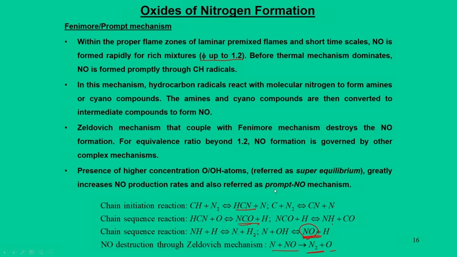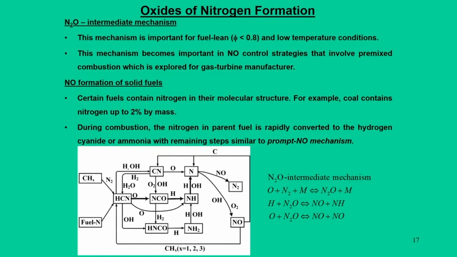I also mentioned why it is called the prompt NO mechanism. Many times the presence of O and H atoms we call a super-equilibrium condition. Because of these reasons, the formation of NO is accelerated.